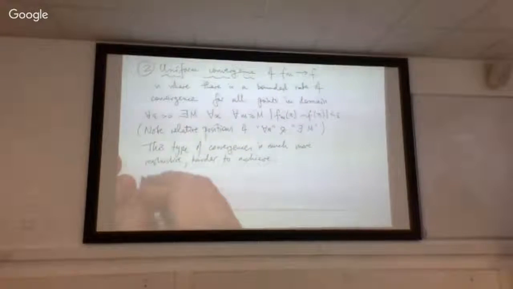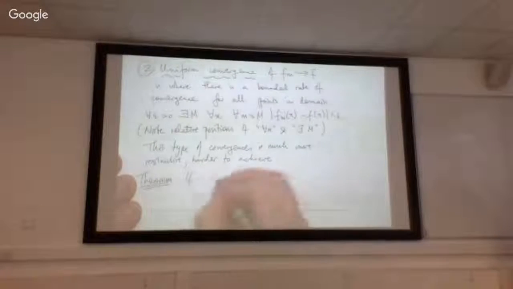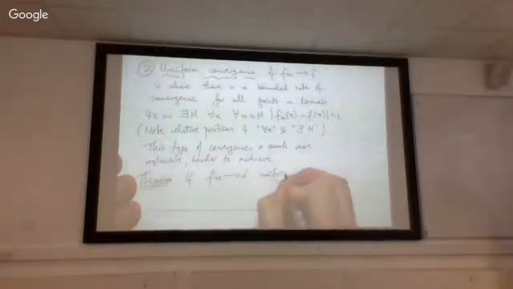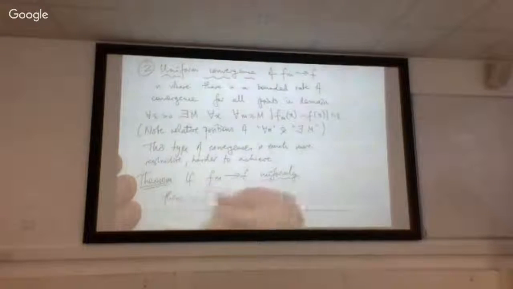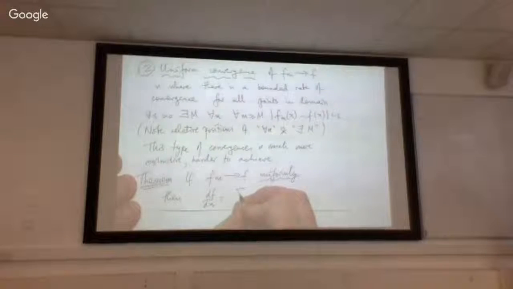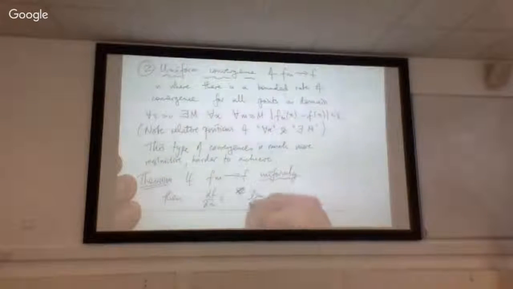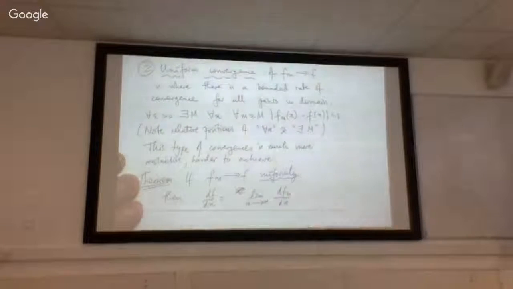So there's a theorem which basically says if fm converges to f uniformly, then the derivative of f with respect to x we can write as the limit as m goes to infinity of the derivatives of the individual functions.